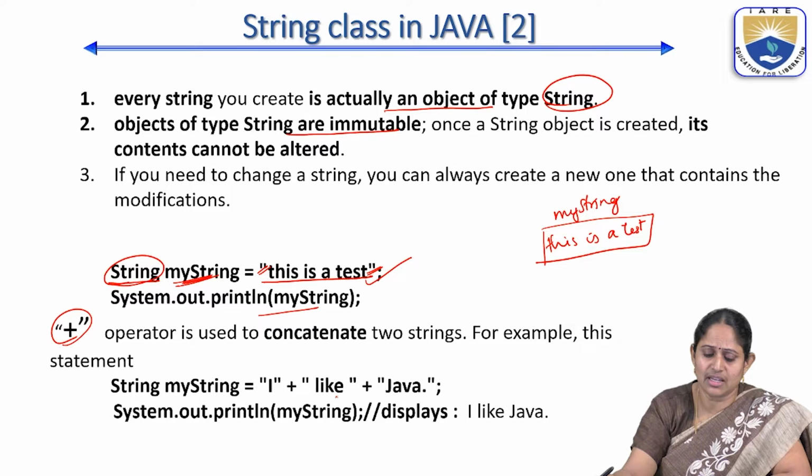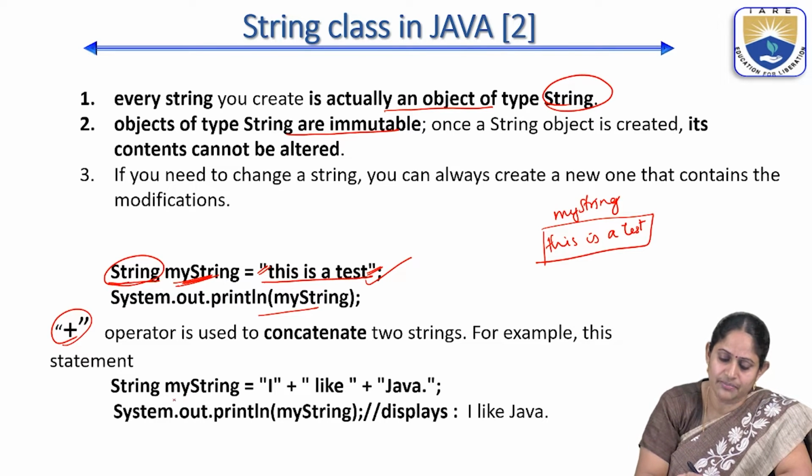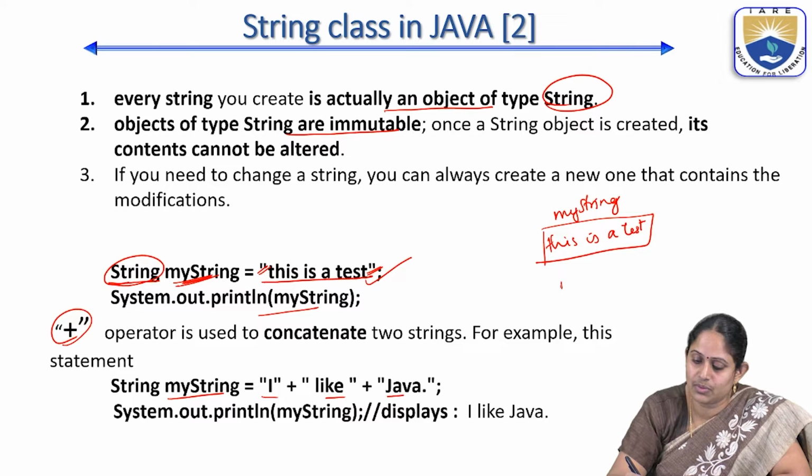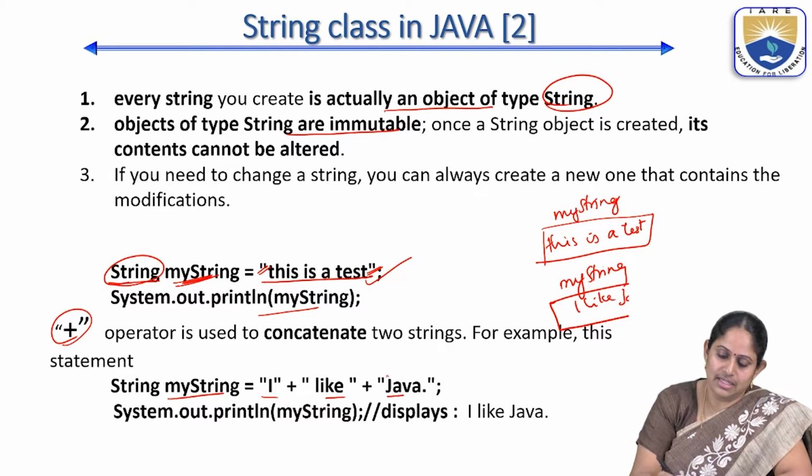So let's say we are creating another myString with "I like Java". "I", "like" and "Java" are three strings. They are concatenated and put in myString. So again, a new object, myString, will be created with "I like Java" in this line.